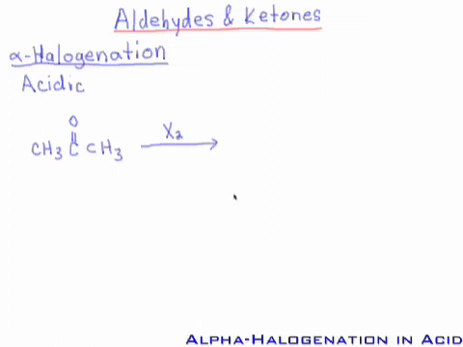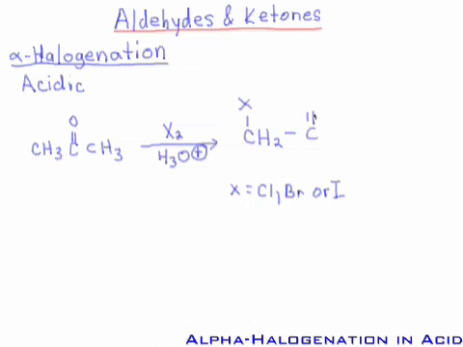So X, if you like, equals Cl, Br, or I. And we react it under acidic conditions, so we're in acid, H3O plus is present. And what will happen in this reaction is we will halogenate the alpha carbon.